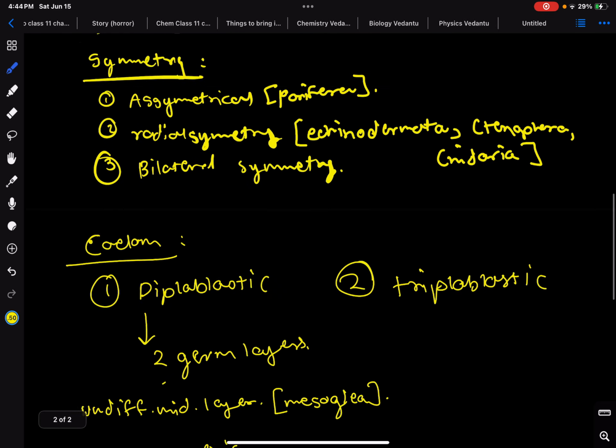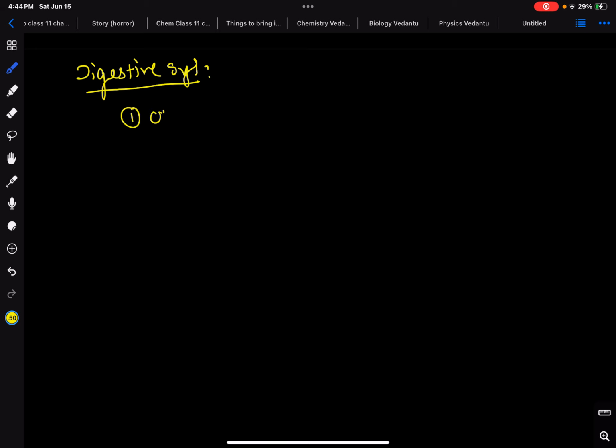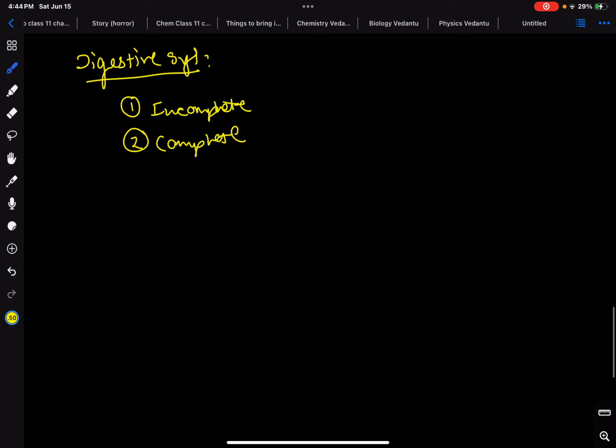So in digestive system, let's take a fresh new page. We have two main types. We have the incomplete and we have the complete. So in the incomplete, we have only one hole, we have only one opening.